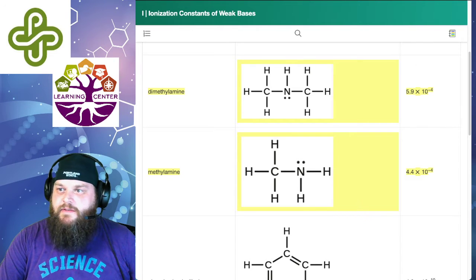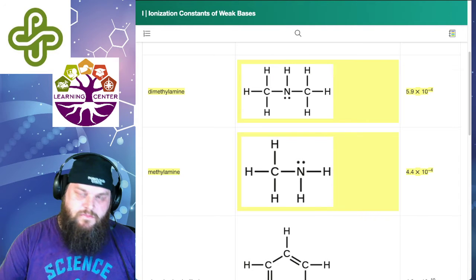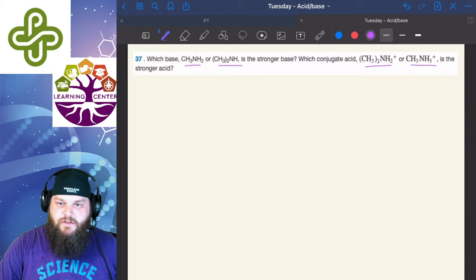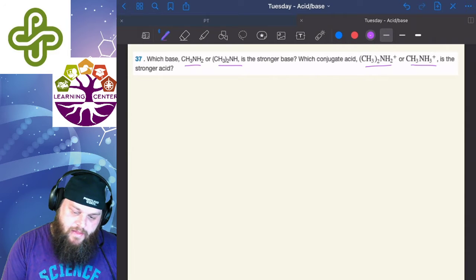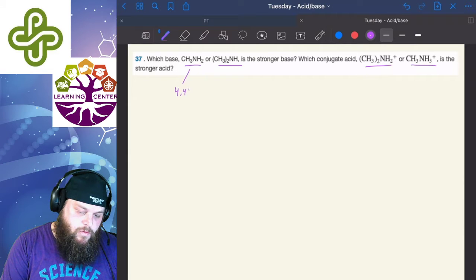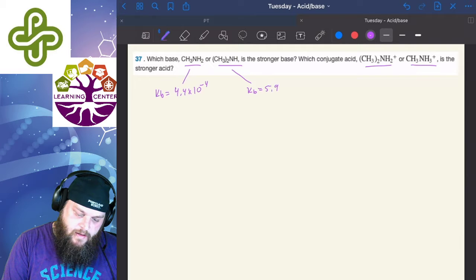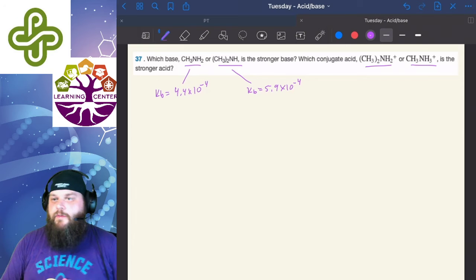And they give us the values there of 5.9 times 10 to the negative 4th, that's the one we just used, and 4.4 times 10 to the negative 4th. And these are all Kb values here. So switching back, that's telling me that this value is 4.4 times 10 to the negative 4th for the Kb, and this guy is Kb equals 5.9 times 10 to the negative fourth. And we want to know which one's the stronger base.